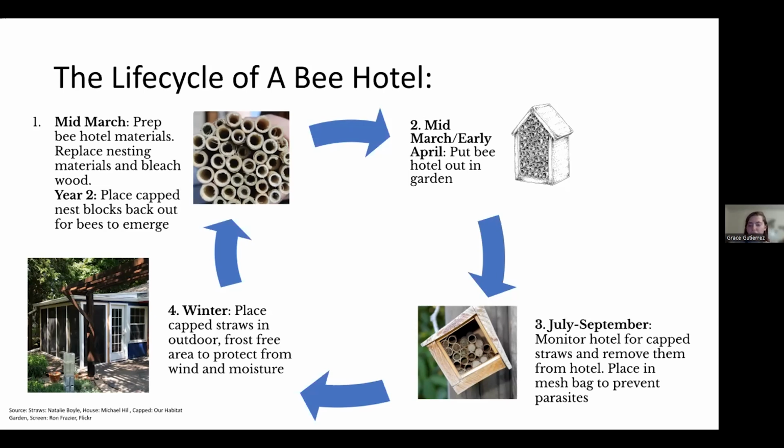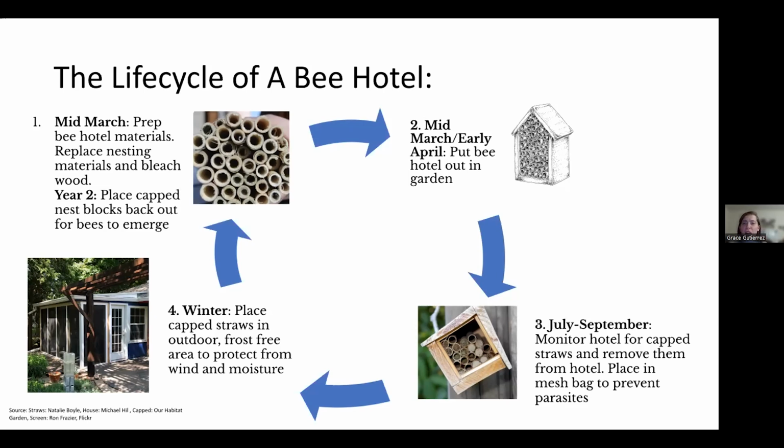So just keep an eye on your hotel, keep an eye out for capped straws throughout September. And then as the weather gets colder, you want to remove all capped straws from the hotel and place them in a mesh bag in an outdoor frost-free area.